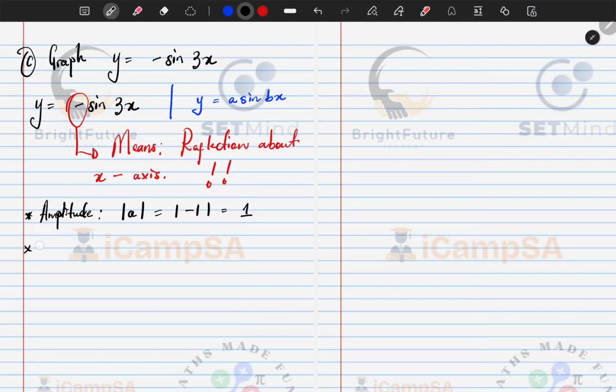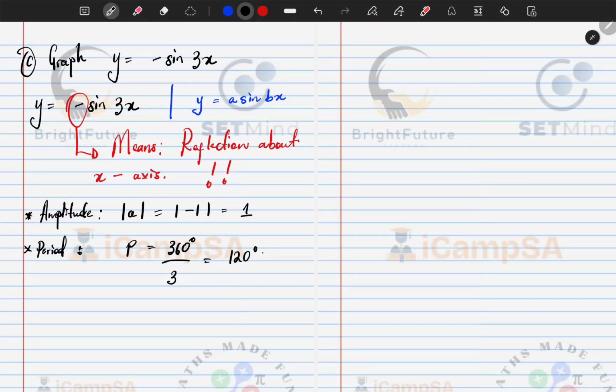And then the period: p equals 360 degrees divided by 3, which becomes 120 degrees.